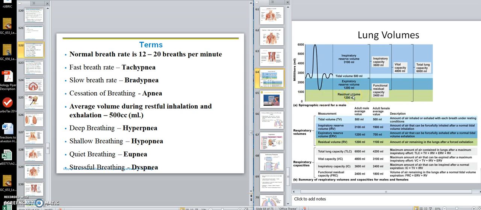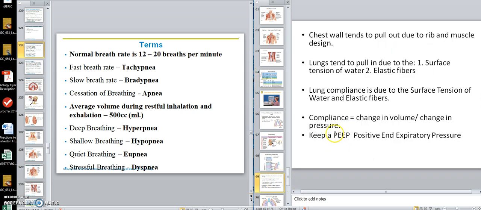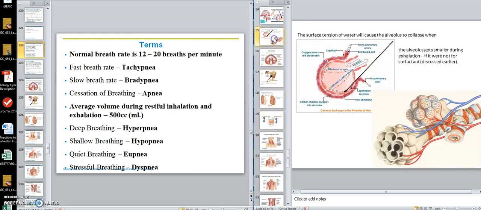What's the purpose of that? To keep some air compression in the lung so that the alveoli don't get too small and collapse. Remember, we have surfactant, but that's not enough.